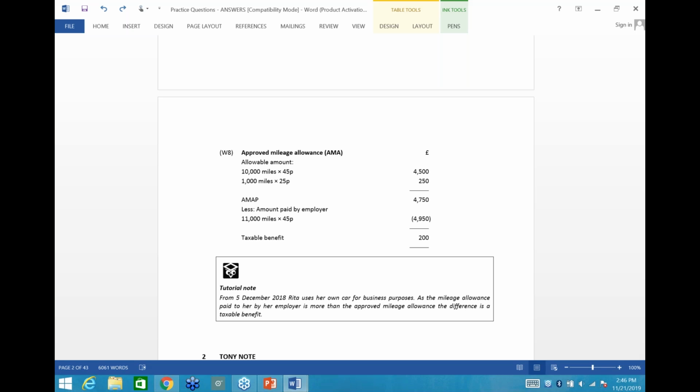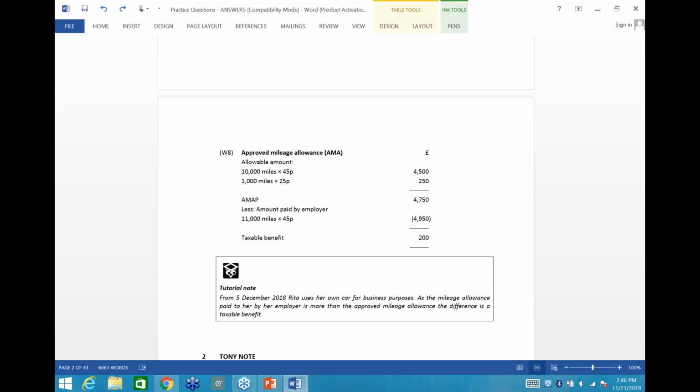Since I am using my personal car since 6th of December 2018, I am entitled to claim approved mileage allowance on this 11,000. How do we calculate it? The rates are given at the exam. First 10,000 miles, I can claim 45 pence for each mile. Anything in excess of 10,000 miles, for each mile, I can claim 25 pence.